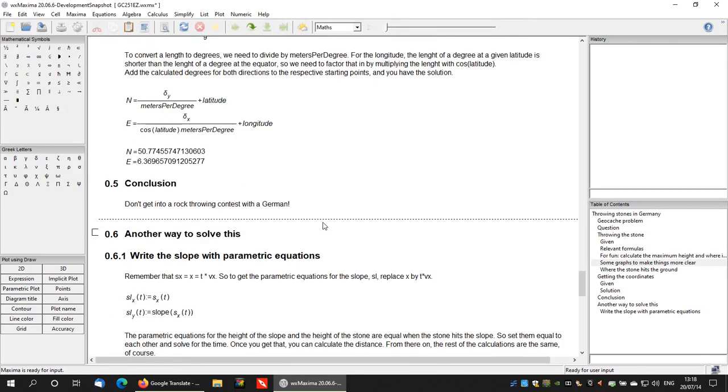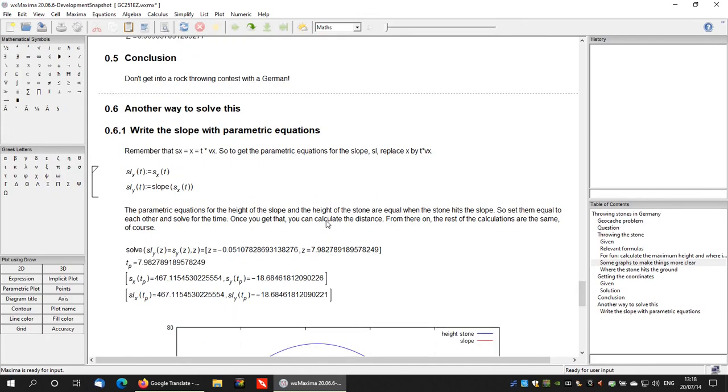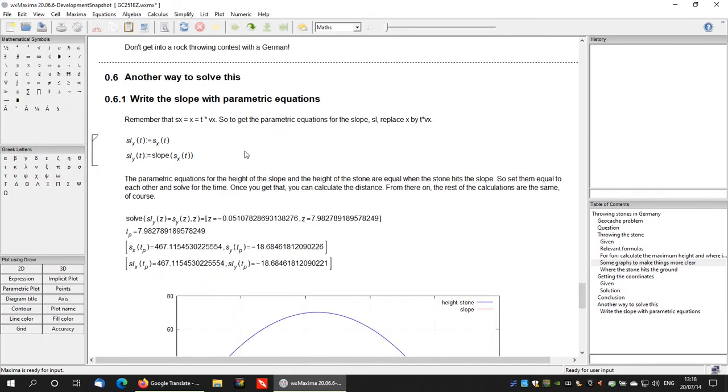Now there's another way to solve this at the start, that is, instead of transforming the parametric formulas of the stone, you just transform the formula of the slope into parametric equations from Cartesian. So we know the distance is t times vx, so that's also the formula for the slope, which is obviously equal to the x component of the stone.